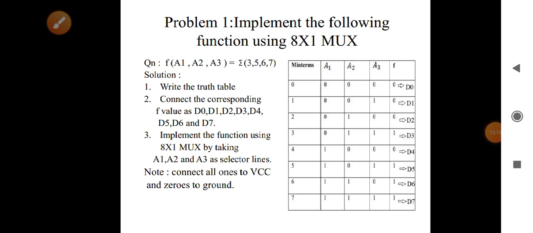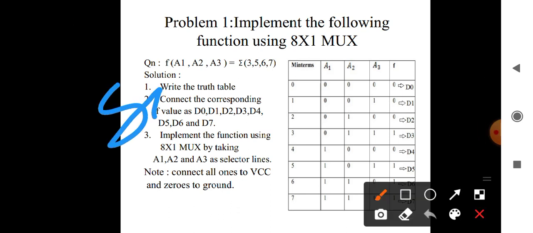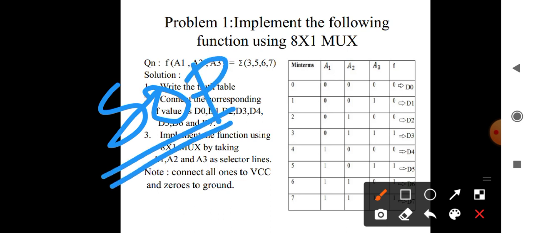Okay, bye. So we are using sum of product, SOP, here. In SOP, a product where the value is 0 is complemented.